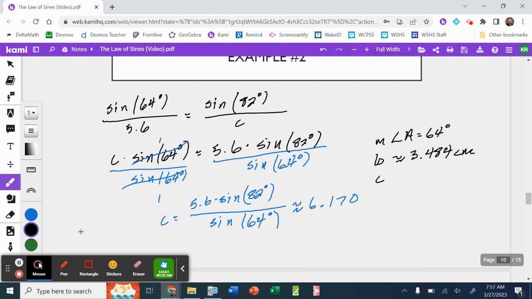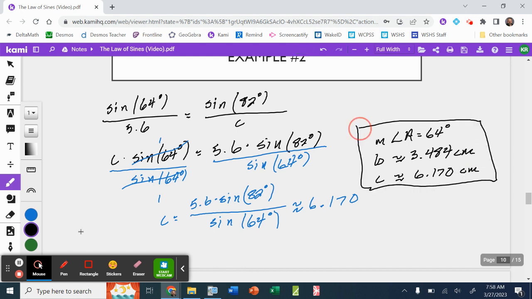And side C is approximately 6.170 centimeters. And so that concludes us finding the missing parts to triangle ABC.